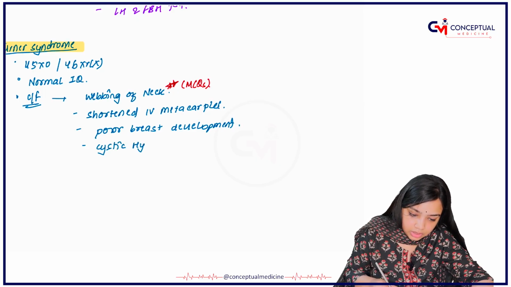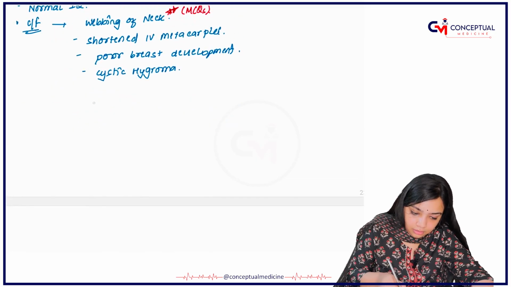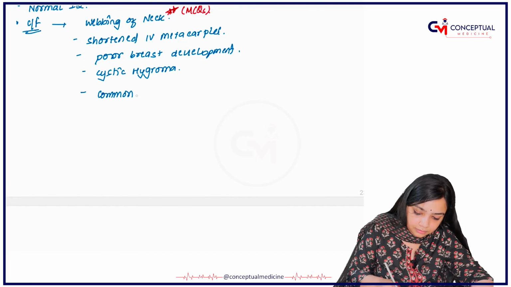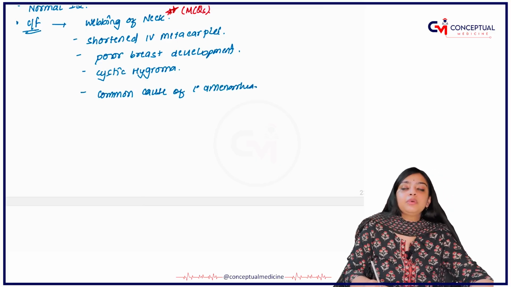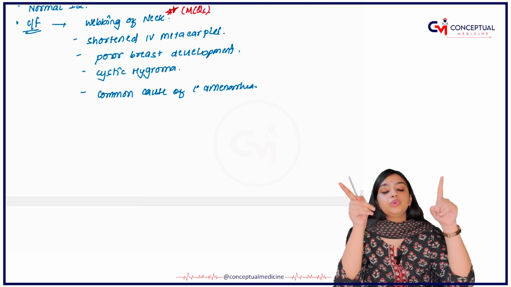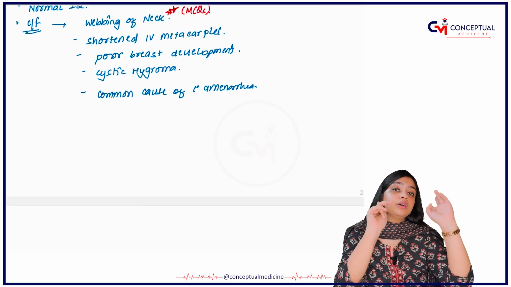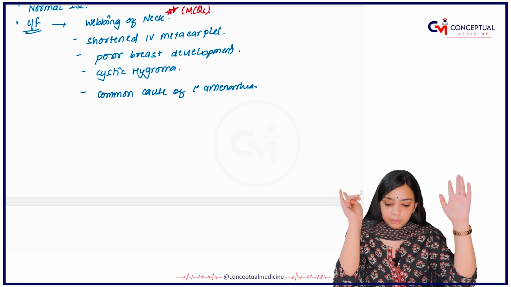You will learn about cystic hygroma in your surgery lectures. Okay. Next thing, it is the most common cause of primary amenorrhea. What is primary amenorrhea? You have two types of amenorrhea, primary amenorrhea and secondary amenorrhea, and you will learn about both of them in more detail in your obstetrics and gynecology.